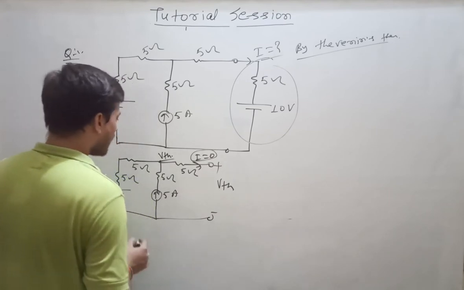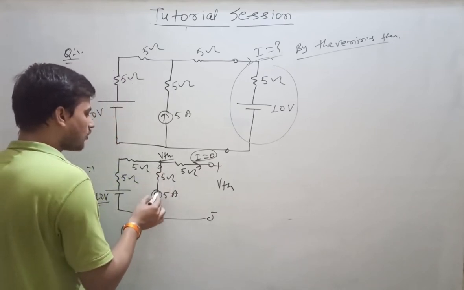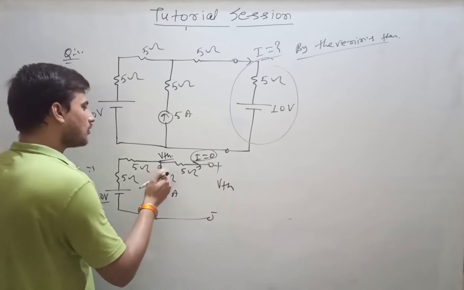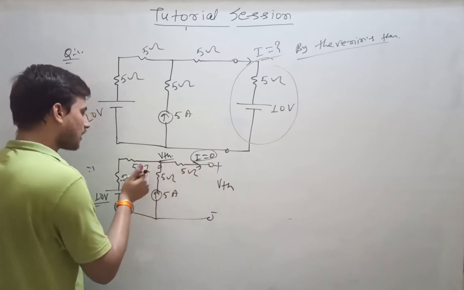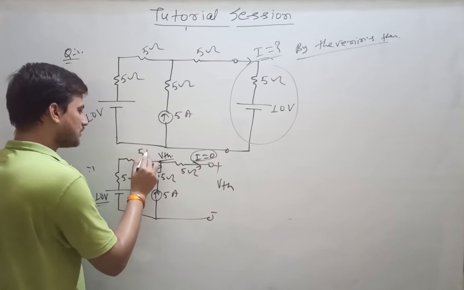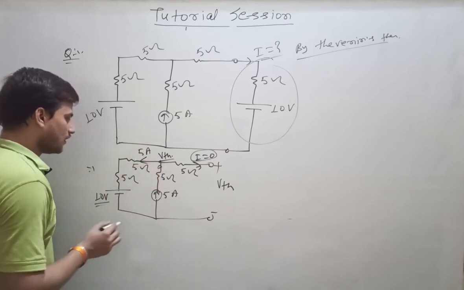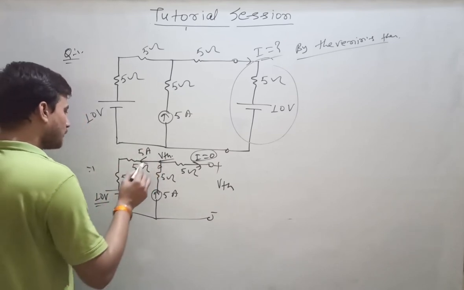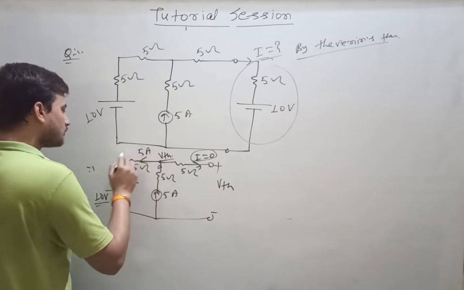Now you see 5 ampere current is coming out from this one. This current will not go to this branch. So the total current will come through this branch. It will be 5 ampere. If this current is 5 ampere, then you can easily apply Ohm's law here to find VTH.